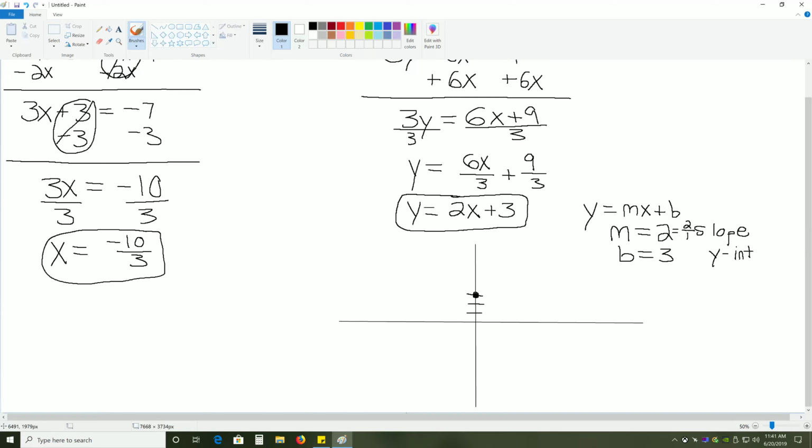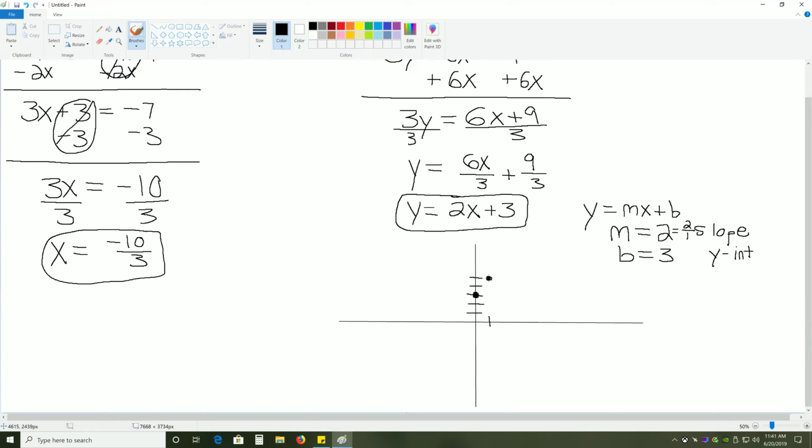So this is telling us for every 2 we go up, because it's positive, we will go to the right 1. So if we start at this y-intercept, if we go up 2 and to the right 1, we will get a new point on our graph.